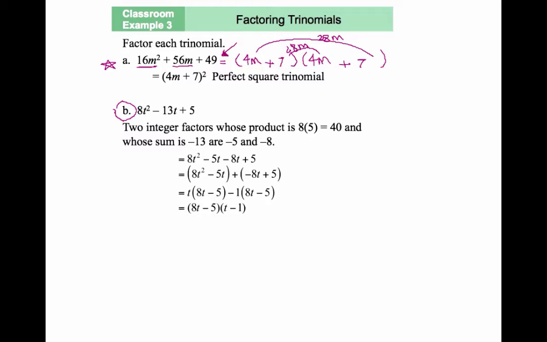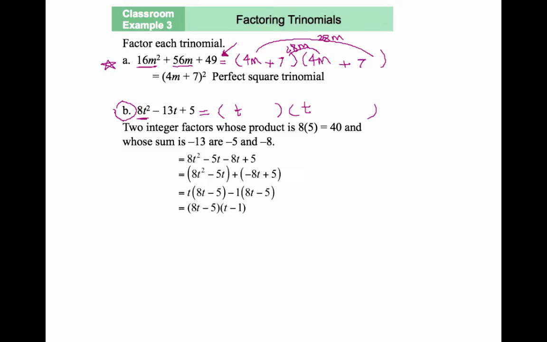In this case, we don't have a perfect square trinomial, as you see. So we can use our trial and error method as well. If I open two parentheses here, look at 8t squared. For t squared, obviously it's t and t here.